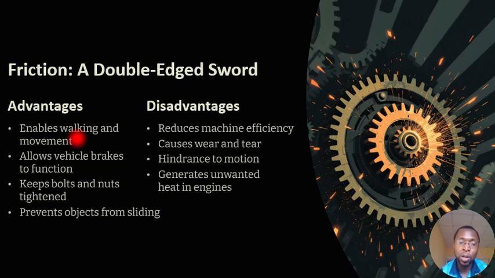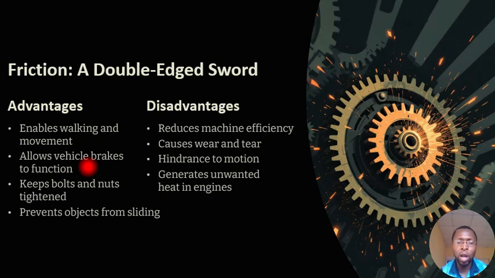So the presence of friction enables walking and movement. This same friction allows vehicle brakes to function. You see, today when we enter vehicles and all of a sudden maybe there is traffic or a sudden crossover by a pedestrian, you see the driver matching the brake.